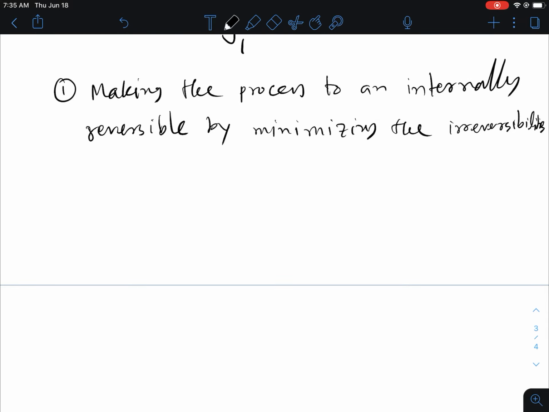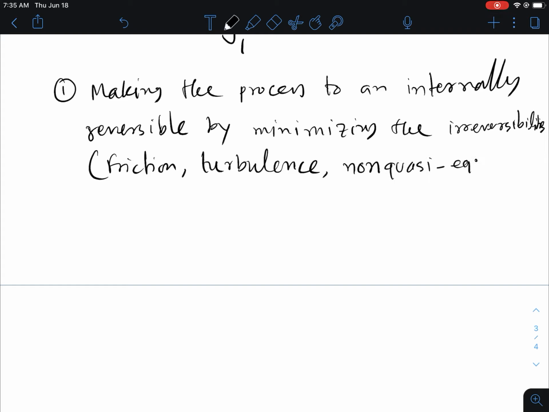Irreversibilities can occur due to friction or turbulence, or non-equilibrium, non-quasi-equilibrium compression.